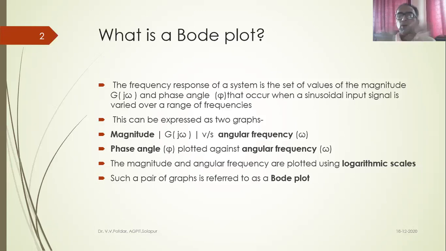So log of 10,000 becomes 4.000. So the scaling down has happened. The number 10,000 is converted into 4, a single digit number. So I can scale down by using a logarithmic scale, isn't it? That is one more benefit of using a logarithmic scale.